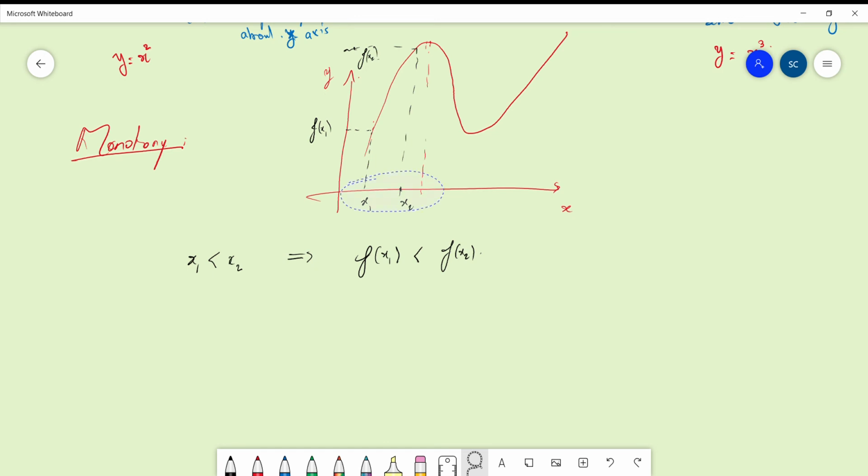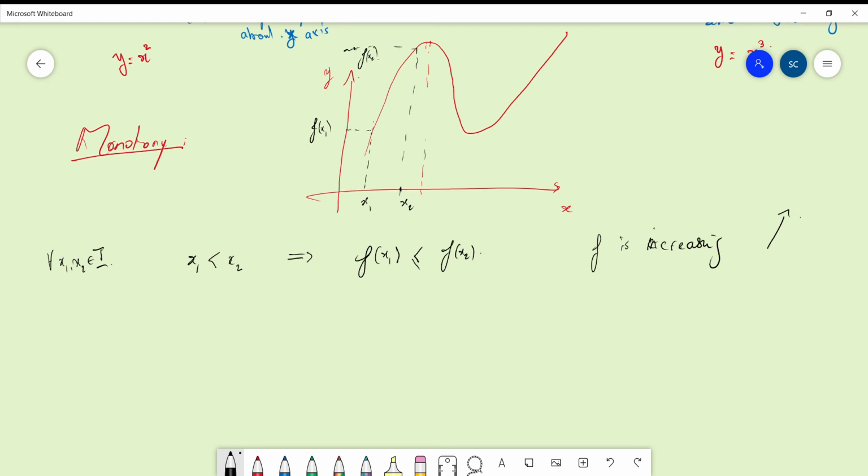Along this small interval, your function keeps increasing. So each time you can check an inequality like that, then you can say yes, f is increasing. If you can check this for any x1, x2 in the interval, f is increasing. We mostly will use this symbol just to do things quickly.